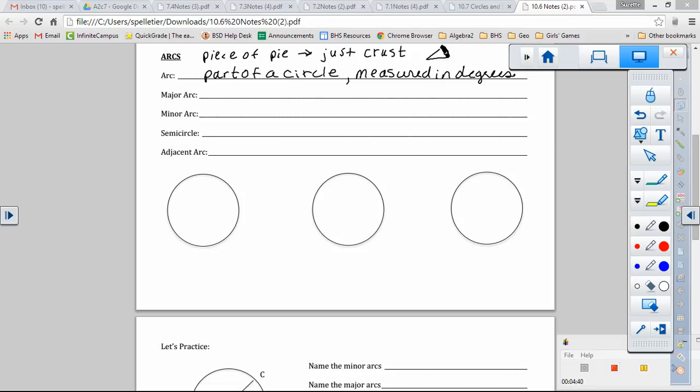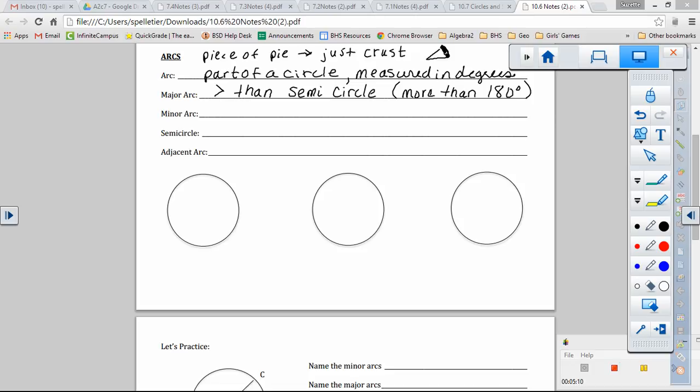Okay, so a major arc is greater than a semicircle, or more than 180 degrees. We're going to define these with the pictures in a second. Greater than a semicircle means more than half the circle, so more than 180 degrees.